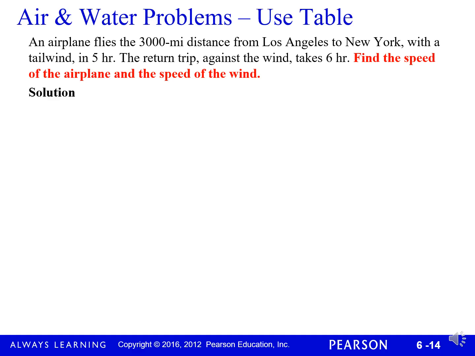These are really whacked out problems, okay? These are a challenge as well, but again, they help if you build a table. If you've ever rowed a canoe and you're going with the stream versus against the stream, if you're going with the stream, notice that the water is pushing you.